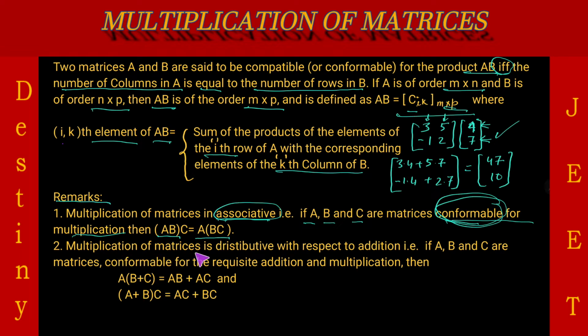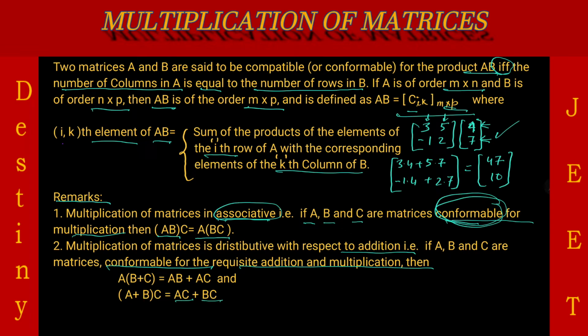Second, multiplication of matrices is distributive with respect to addition, that is, A, B, C are matrices conformable for the requisite multiplication and addition. If you see in this form, A bracket B plus C, here A multiplied by B addition C will become AB plus AC, and it can be like this also, bracket A plus B into C will give you AC plus BC.